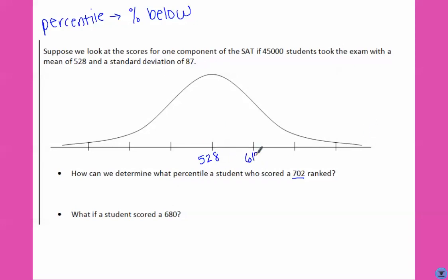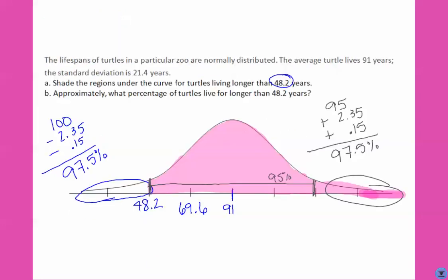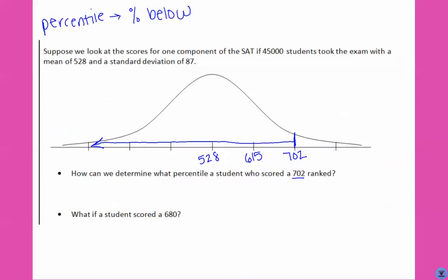So we get 615, and then 2 up would be 702. So we want to know what percent is below this. Well, conveniently for us, that is the reverse of the total of the turtles. So it is still 97.5%: 0.15 plus 2.35 plus the 95 in there.